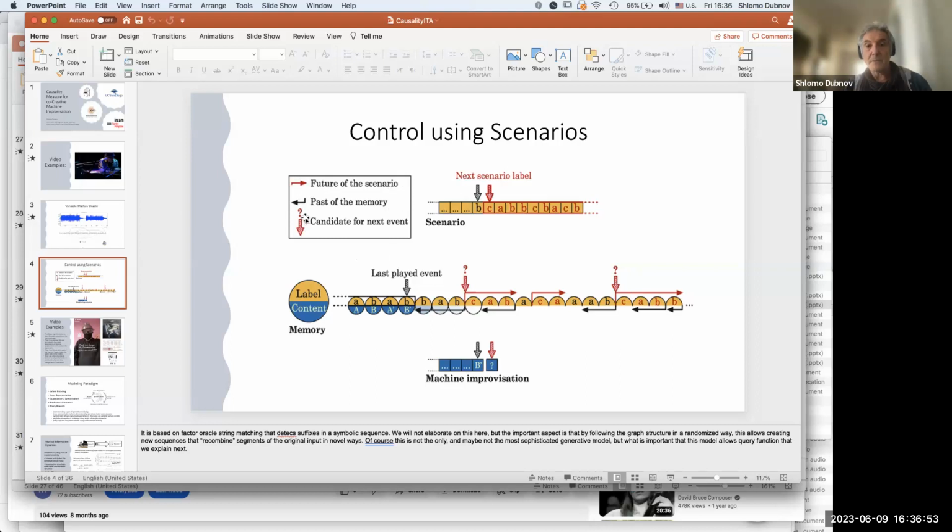With this future scenario, you can have higher weight for jumping into events that also match something that you planned. You can think about these as the notes and the scenario as the lead sheet that gives you the chords that label longer segments. So it limits your selection and guides it towards specific improvisations.